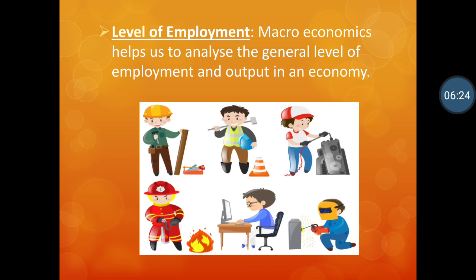So if more production takes place, then only more income will be generated. And to have that more production, more people of that country should be employed. So macroeconomics helps us to analyze this level of employment, and so government always tries to employ more and more people in a country's economic system.